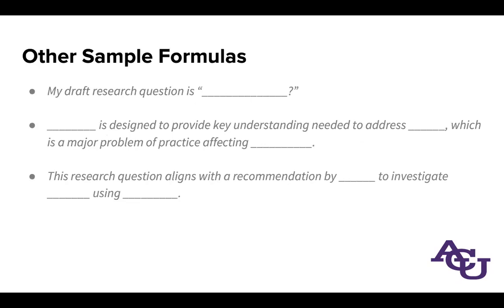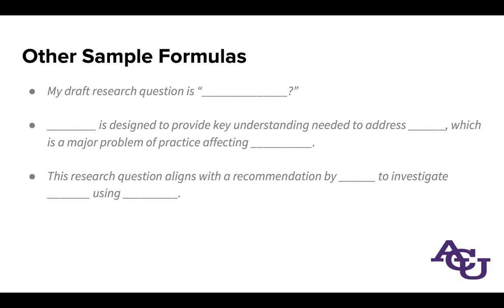Some other formulas that might be helpful. My draft research question is this thing. So just introduce it, say, okay, it's not final yet, it's a draft research question, and here it is. Do make sure to include a question mark at the end. You'd be surprised how often people leave that one out. You might have a statement like XYZ is designed to provide key understanding needed to address this issue, which is a major problem of practice affecting this group.